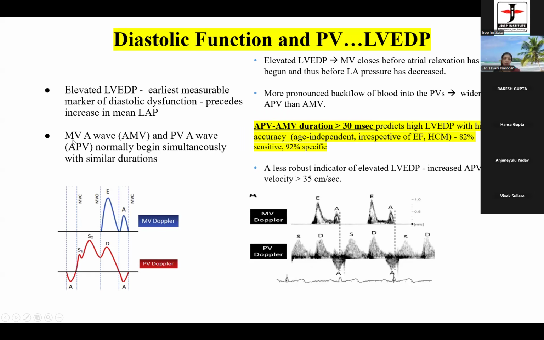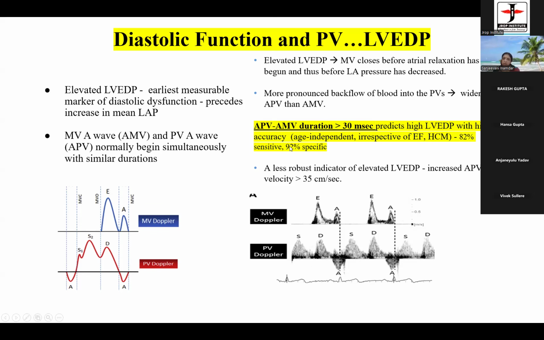So we measure mitral valve A wave and pulmonary vein AR wave duration because they ideally should come simultaneously with similar duration. So when the difference in duration is more than 30 milliseconds, it predicts high LVEDP with utmost accuracy. It is age independent, it is irrespective of AF, EF, and even in HOCM.